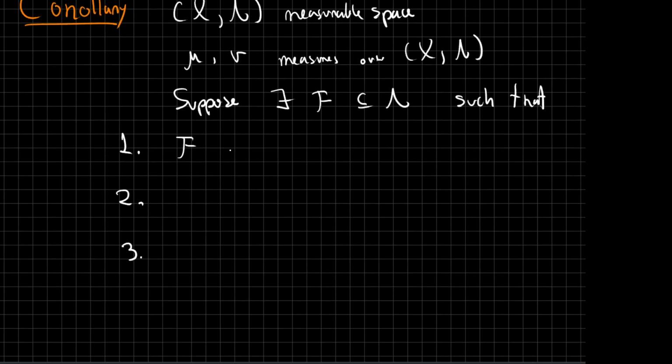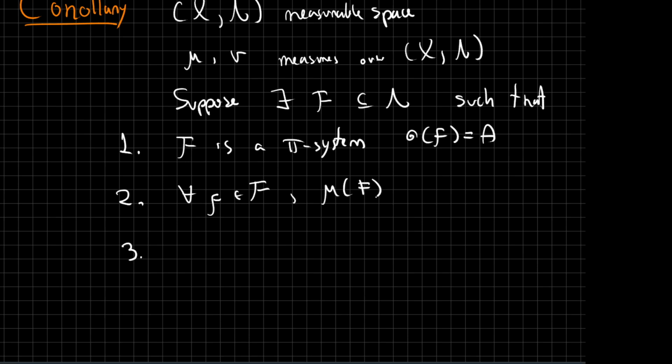The first one is that F is a pi system, and this is equal to this, so you know what this means, all right? The second condition is that for every element of F, both measures coincide.